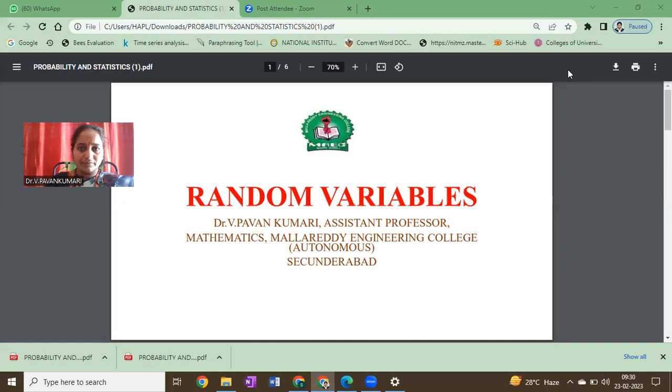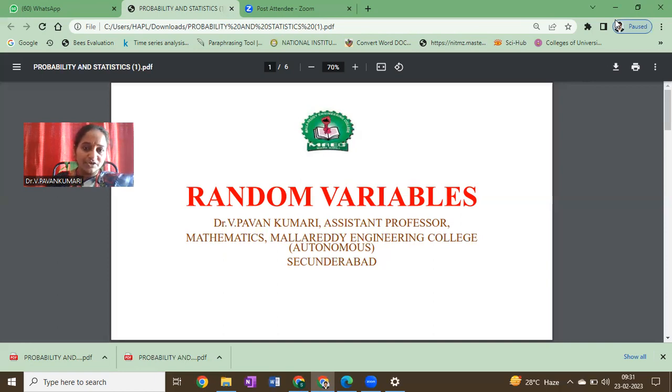Binomial, Poisson, and Bernoulli follow discrete distributions, and the normal distribution follows a continuous distribution. Bernoulli has only one trial and two outcomes, 0 and 1.